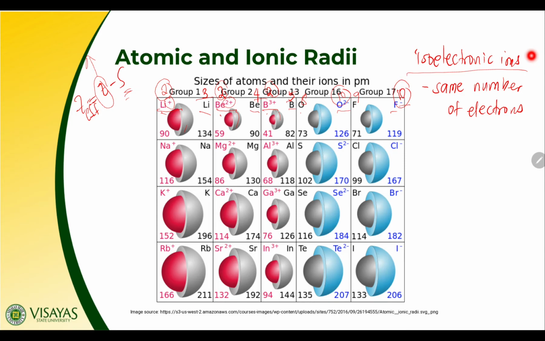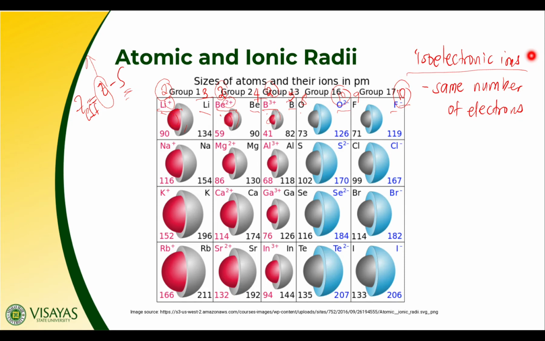What happens is the electrons are more strongly attracted to the nucleus because we have more protons than electrons, and as a result we have smaller ionic radii for cations. So if the isoelectronic cations increase in charge, from smaller positive charge to larger positive charge, the ionic size decreases. Again, because we have more protons than electrons, the electrons are more attracted towards the nucleus, and that results in a smaller size. The electrons are pulled towards the nucleus.